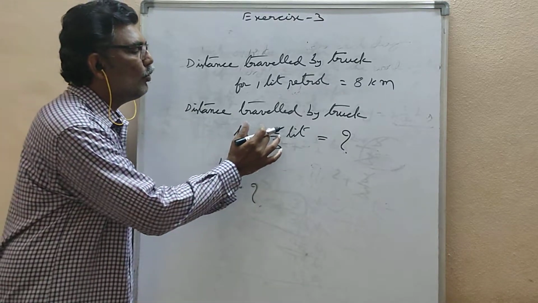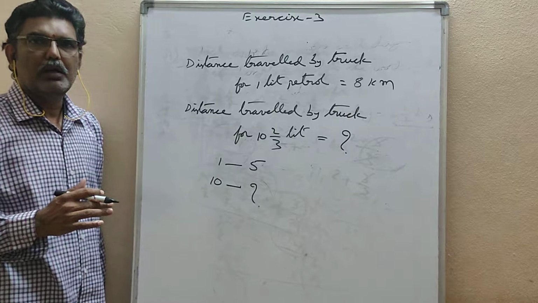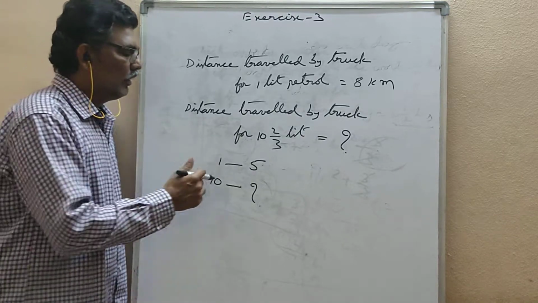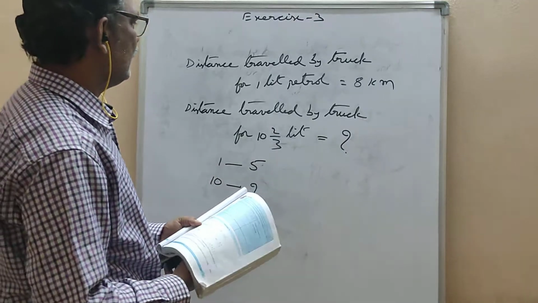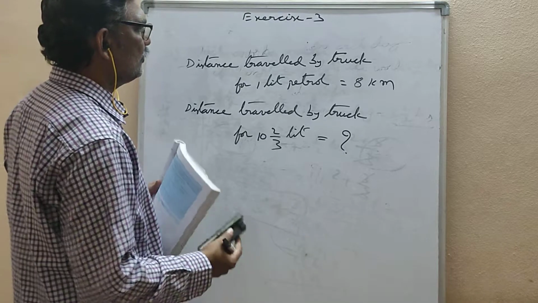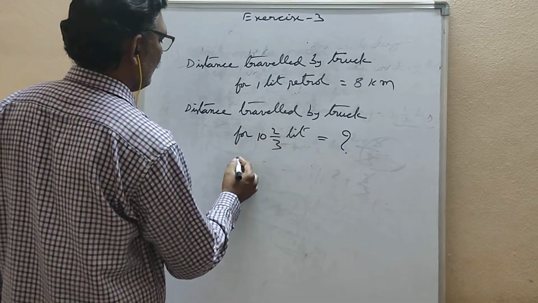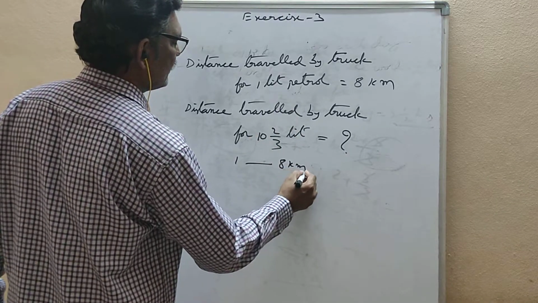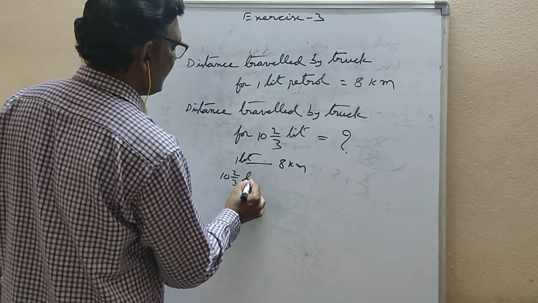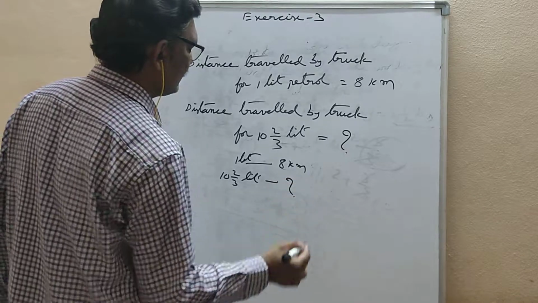For 10 2 by 3 liters of petrol, how much distance can it travel? Okay. Now you have to do multiplication itself. Which 2 do you have to multiply here? 8 kilometers for 1 liter, and 10 2 by 3 liters, how many kilometers?